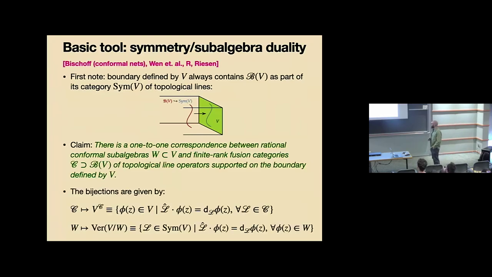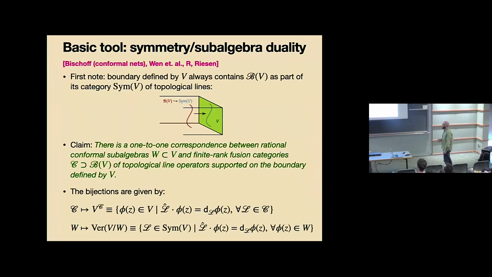And you can be very explicit about the bijection between these two things. So if you have some symmetry category of line operators, then you're always entitled to produce a subalgebra by restricting to the invariant states. You can restrict to the local operators that commute with the lines in this category.